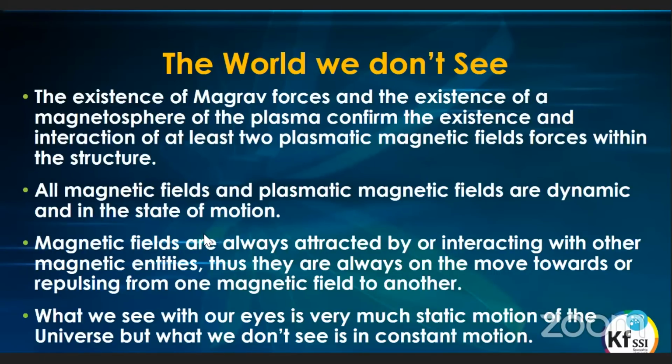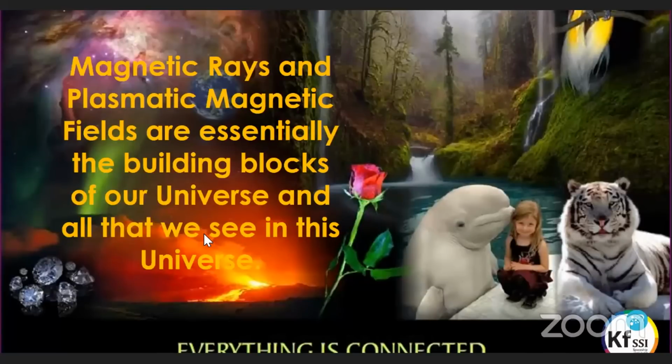But what we don't see beyond that is in constant motion and interaction. So essentially, our magnetic rays and the collection of magnetic rays are the building blocks of our universe and all that we see. Everything stems from the interaction of these fields.